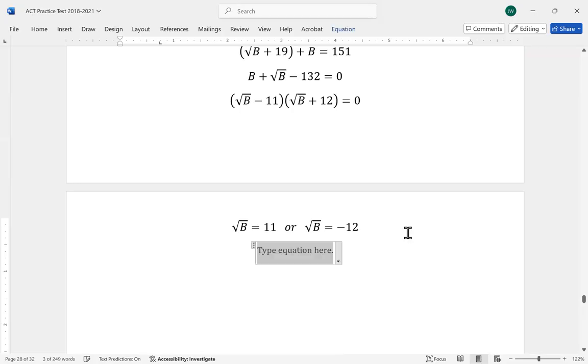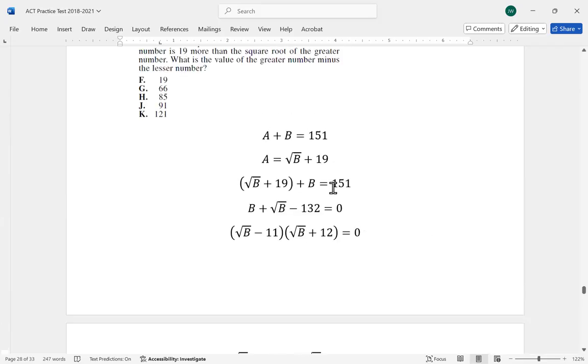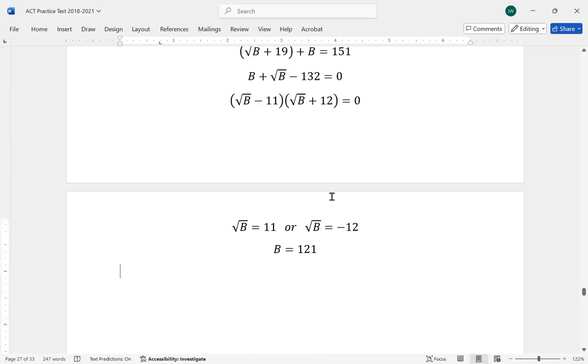So the square root of B is equal to 11, which if I square both sides, gives me a B value of 121. Remember, that was the bigger of the two numbers. If I put that into my first equation, I see that A has to be 30. You can also put it into the second equation and see that A has to be 30 as well. So B is 121, A is 30.